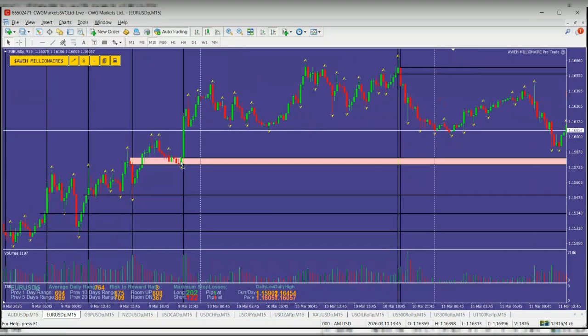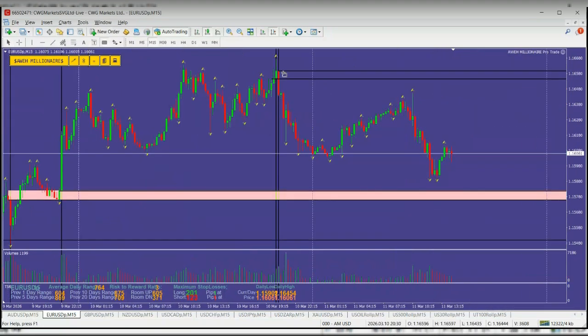Then we've got another zone over here. So add in the rectangle so the zone can be visible. There we go.